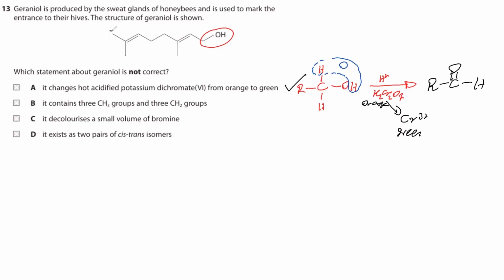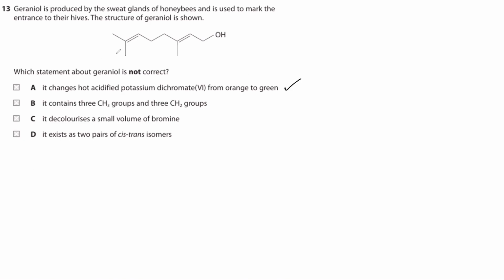3 CH3 groups, yes, here this is CH3. We know that these are skeletal formulas. Since they are skeletal formulas, if you don't see any other bonds, that means they are linked to hydrogen atoms. So this is linked to hydrogen, because carbon has to have 4 bonds. 3 CH3 groups, yes. Do we have 3 CH2? This is carbon, it has CH and CH.